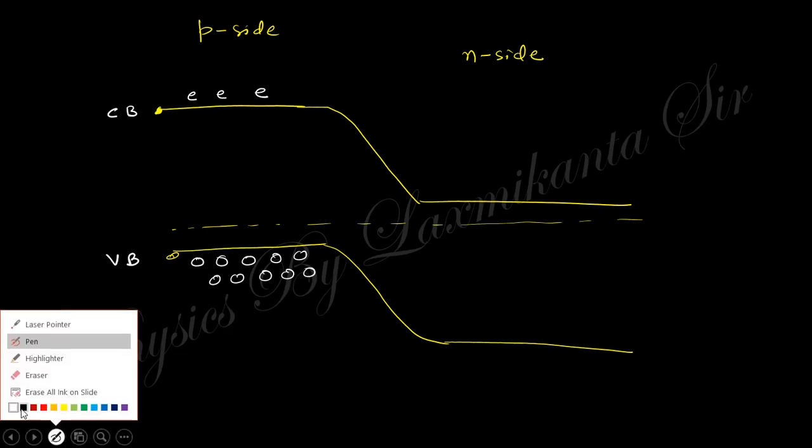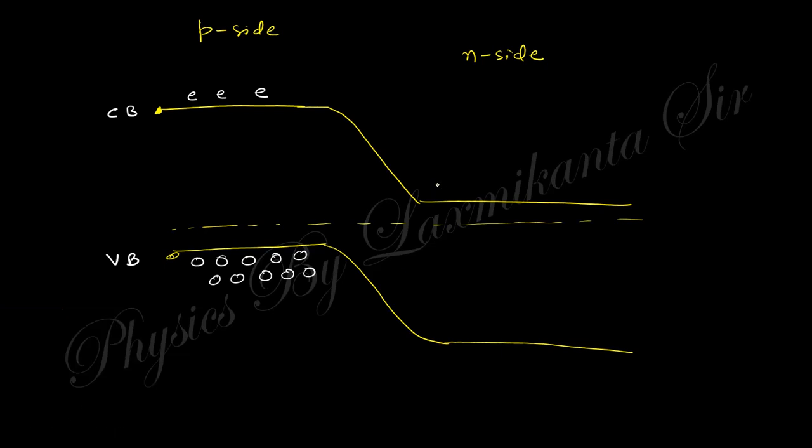In the opposite direction, there is a large number of electrons in the conduction band and a few number of holes in the valence band, and this is the valence band, and this is the barrier potential VB. So VB is the barrier potential.